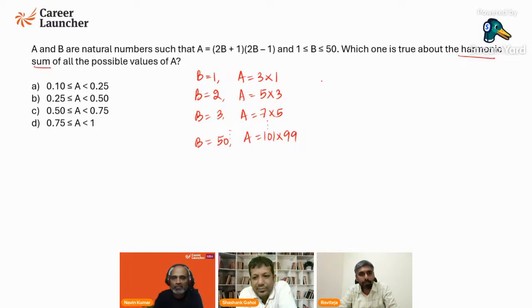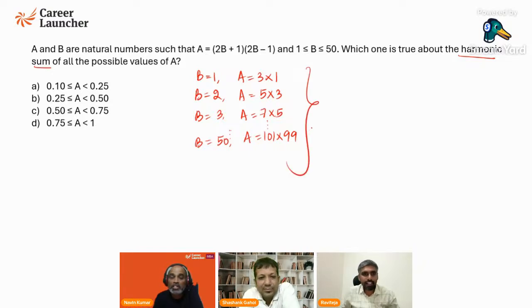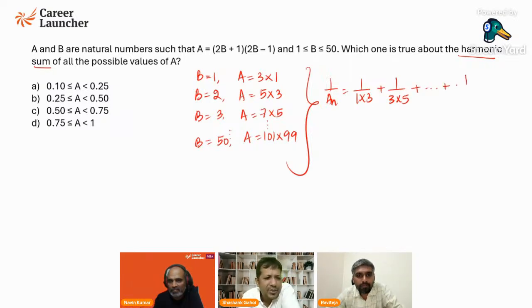So harmonic mean बोल रहा है तो कुछ तो करके हार्मोनिक सम बोल रहा है तो डिनोमिनेटर में आएगा ये 1 by 3, 1 by 5. ये तो हम सब ने किया ही हुआ है बचपन में.